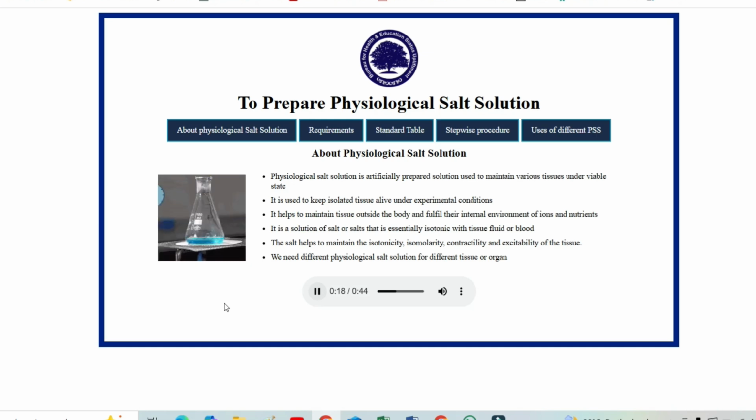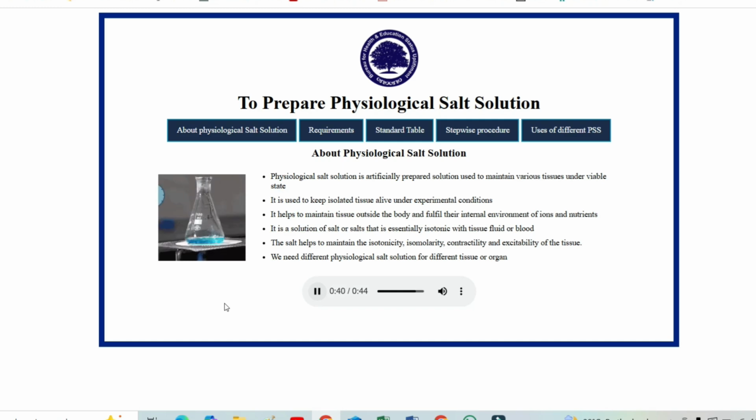It helps to maintain tissue outside the body and fulfill their internal environment of ions and nutrients. It is a solution of salt or salts that is essentially isotonic with tissue fluid or blood. The salt helps to maintain the isotonicity, isomolarity, contractility and excitability of the tissue.